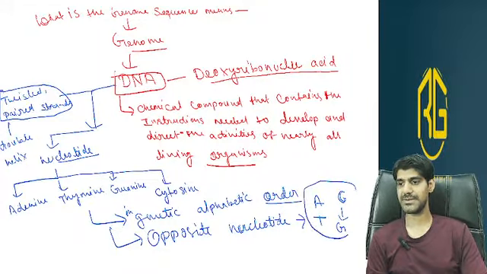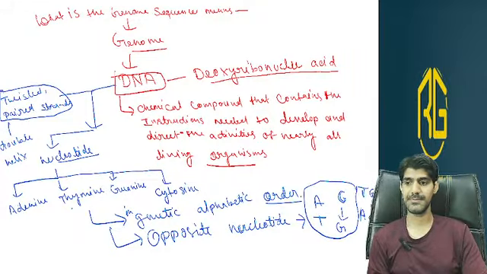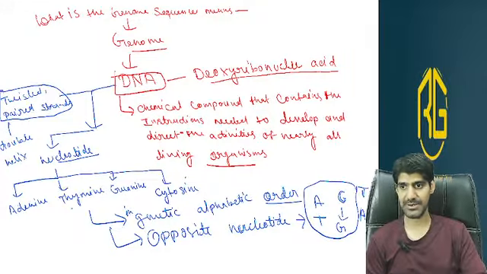For example, thymine, that is T, always pairs with A, and guanine always pairs with cytosine. So this is our first point.